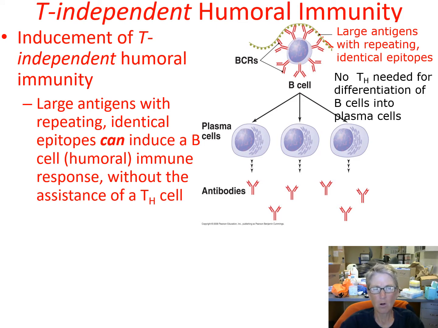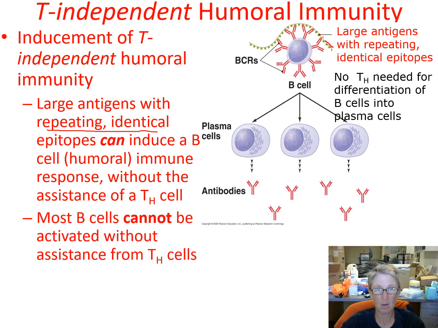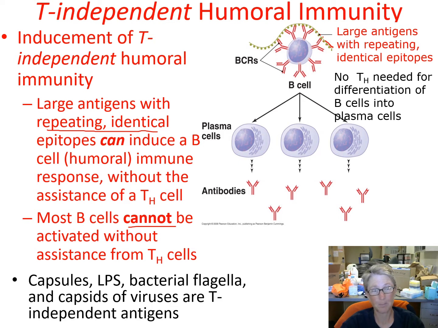If you are a large antigen with repeating identical epitopes, you can induce the B cell to make plasma cells and then antibodies without the assistance of a helper T cell. That's T-independent humoral immunity. Most B cells, however, cannot be activated without assistance from T helper cells. Most B cells need a helper T.